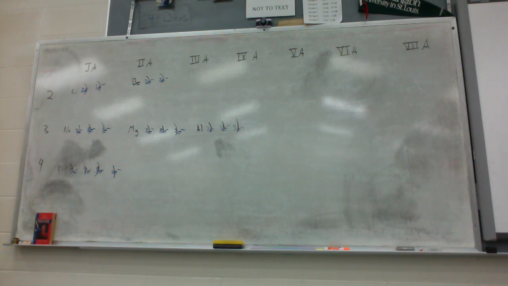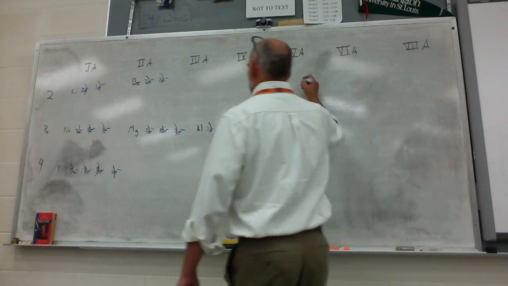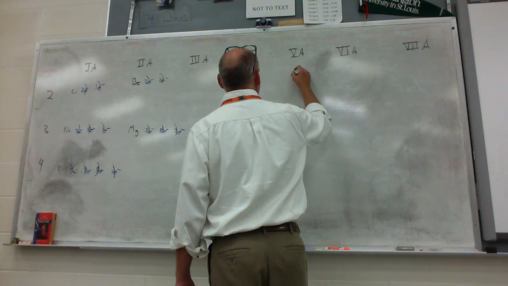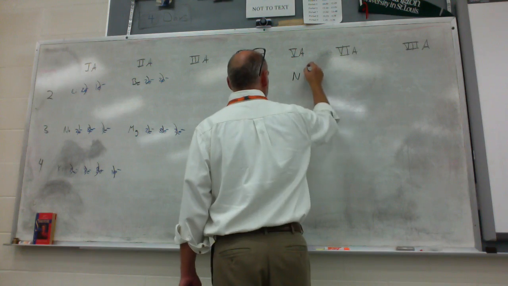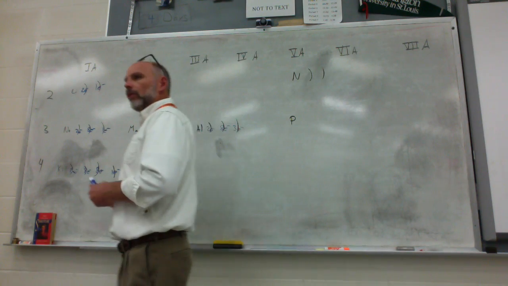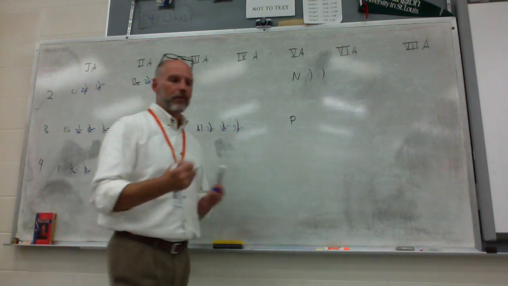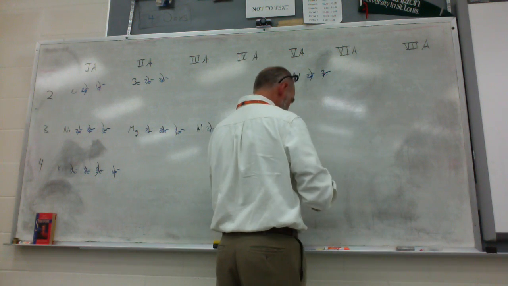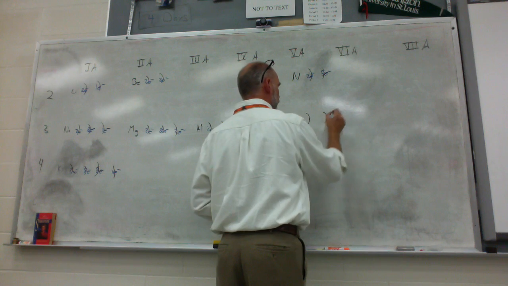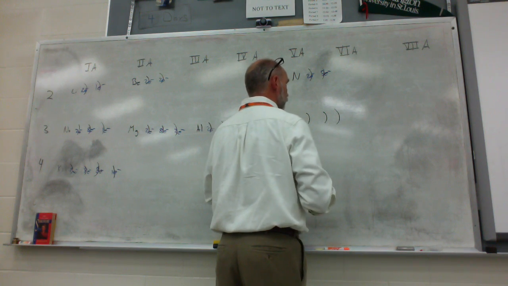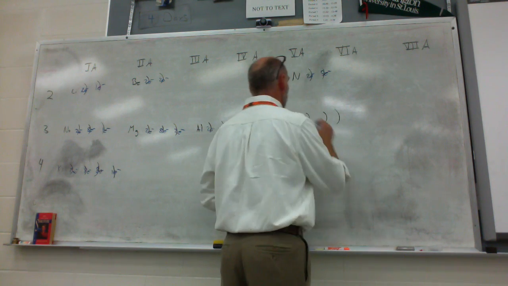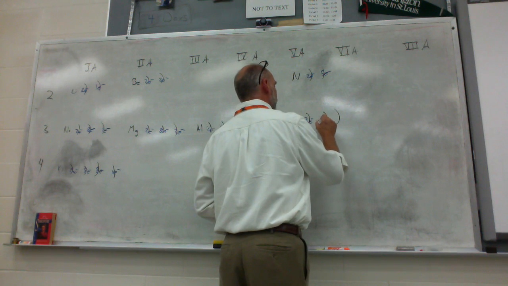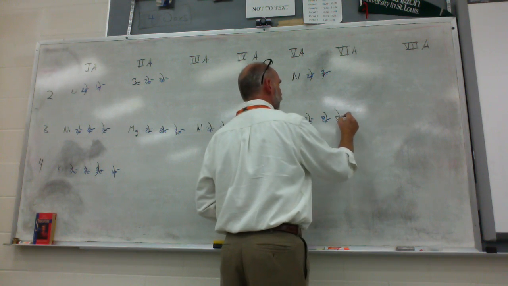Let's look at nitrogen and phosphorus in group 5A. Nitrogen has how many electrons? 7. 2 in the first, 5 in the second. Phosphorus has how many electrons? 2 in the first, 8 in the second, and 5 in the third.